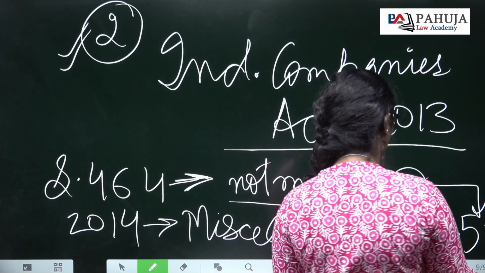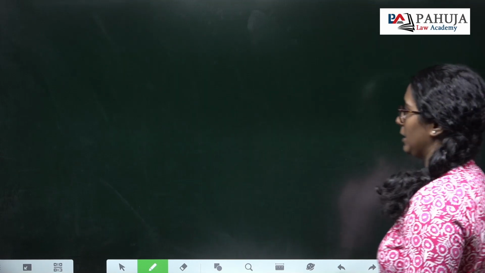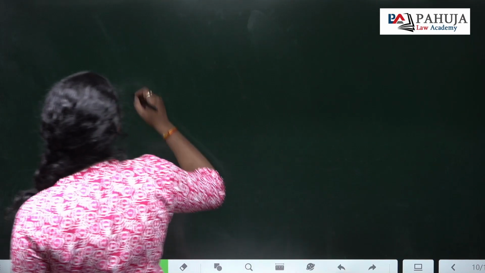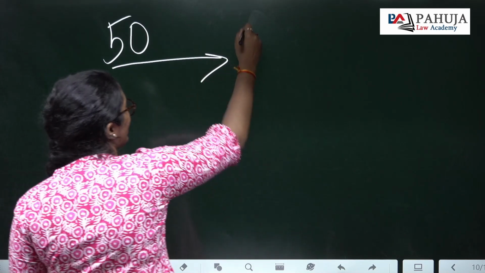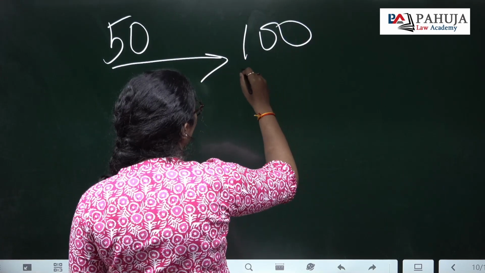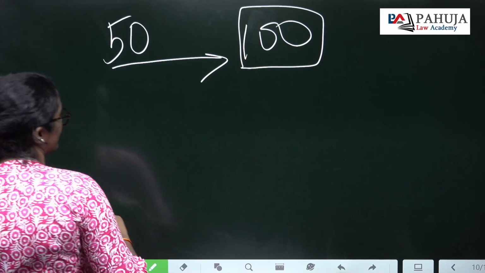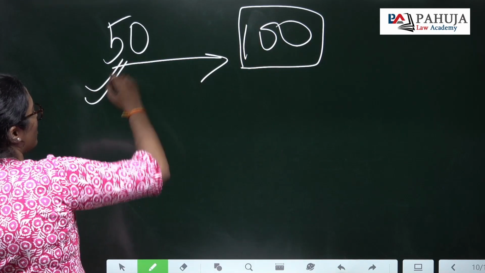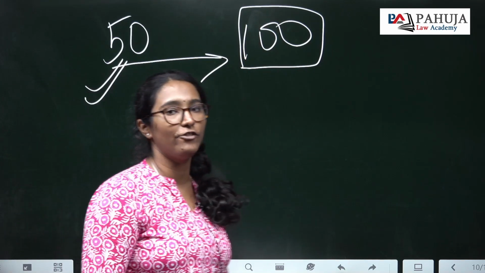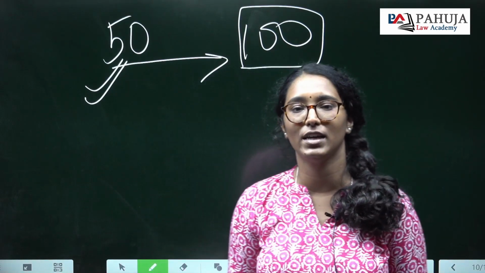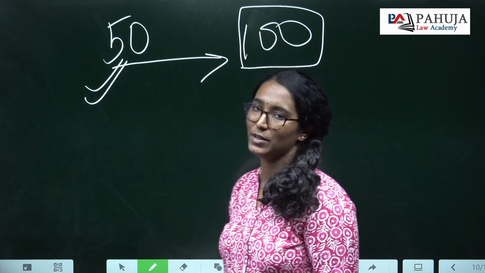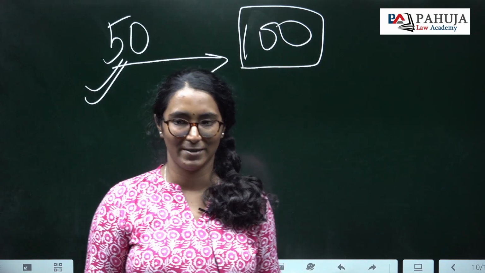Earlier it was 100, now it is 50. The central government has the power to raise this from 50 to 100, but the current position is that no firm can have more than 50 persons as its partners.